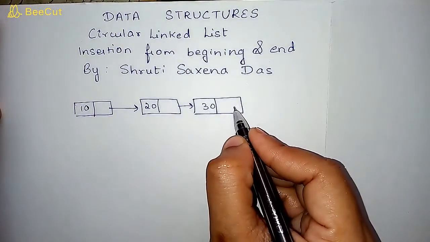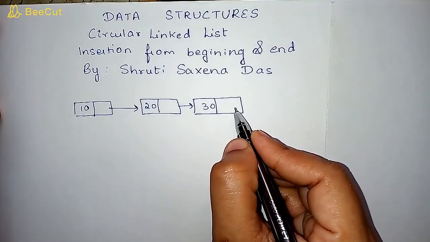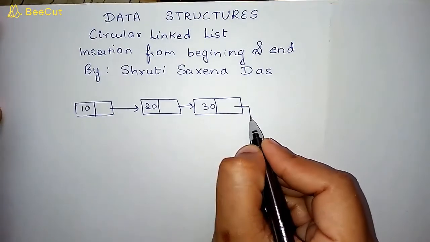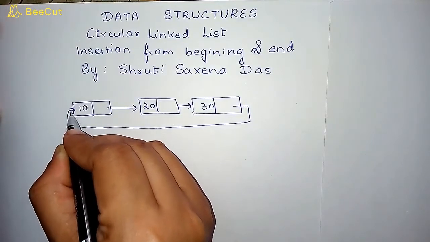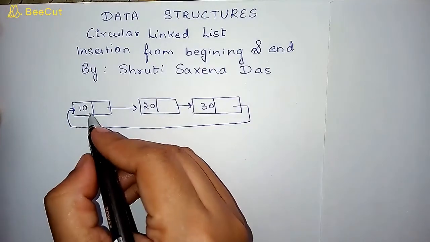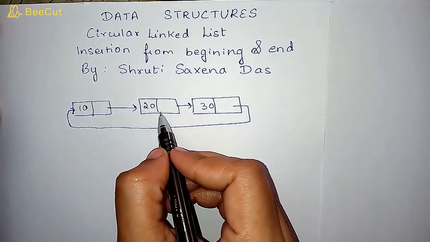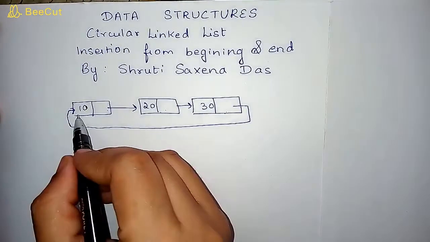In the next field of the last node, null won't be there. You'll have the address of the first node in the next field of the last node. So this will act as a circular queue. From the first node you can access the second node, from this node you can access this node, and from this node you can access the first node.